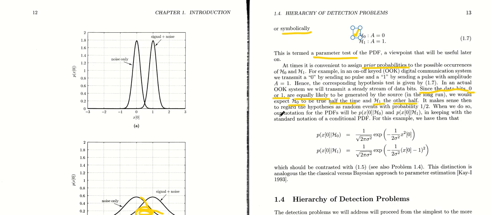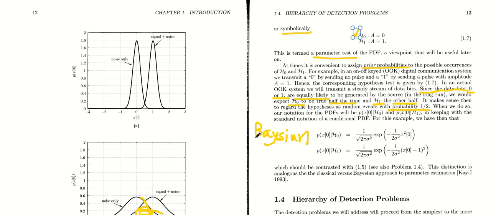It makes sense then, in regard to hypothesis, random events with probability half. In other words, hypotheses H0 and H1 are equally likely in terms of their prior probability. But if they are unequal, then we have to take prior probability into consideration, and that's called the Bayesian approach.